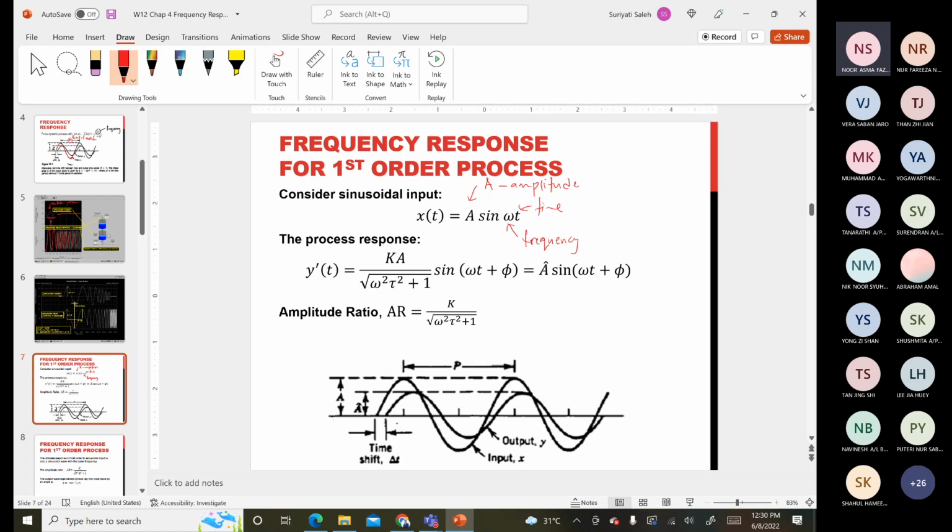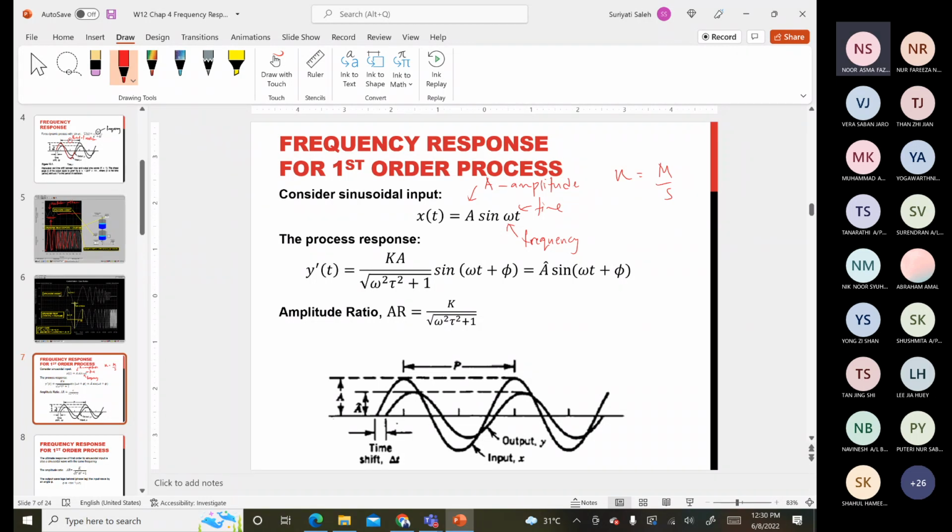So in order to ensure you have the sinusoidal input, this is the following form. If you recall, when you have the step input, you will have, let's say, M over s based on the magnitude of the change. But in this case, it's a little bit different.